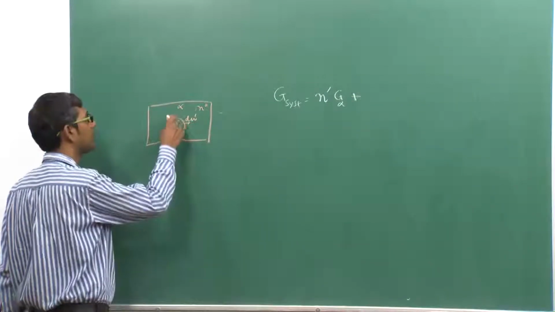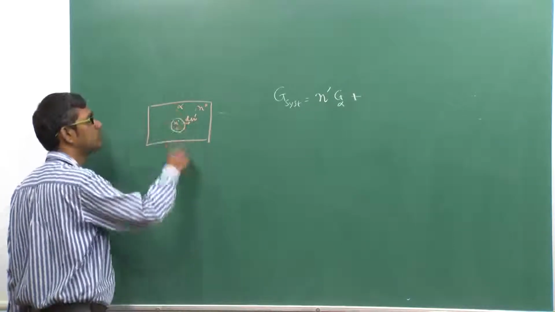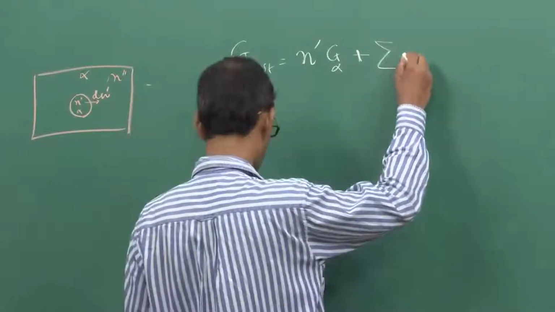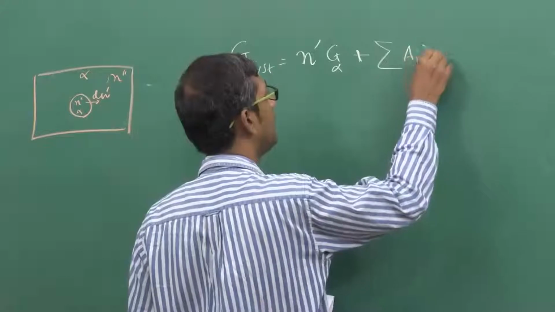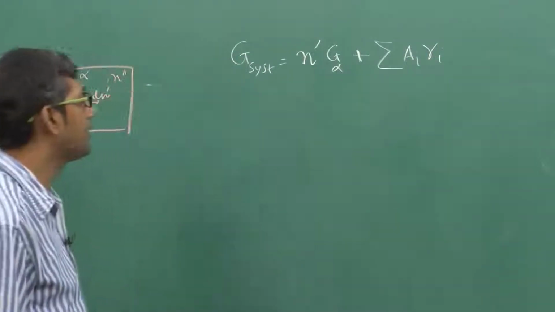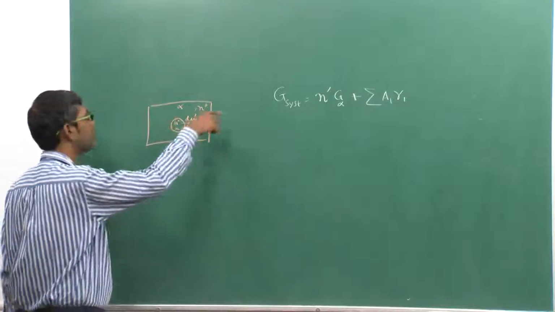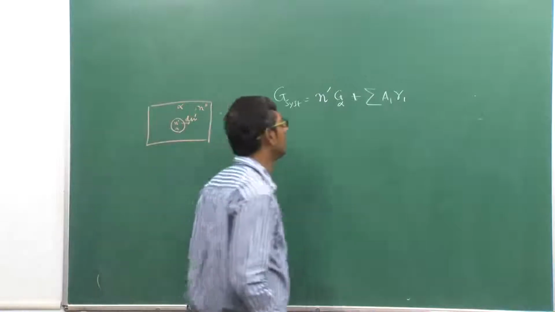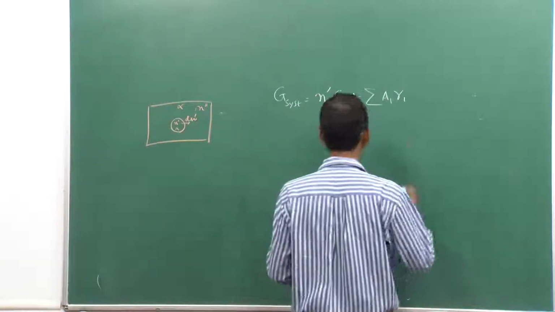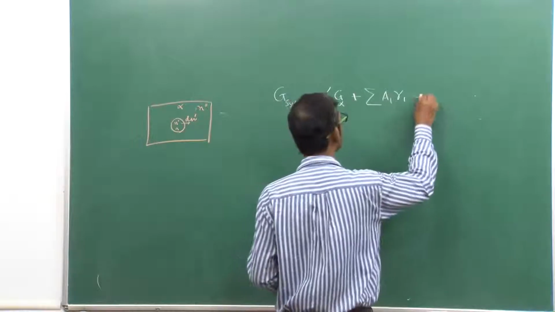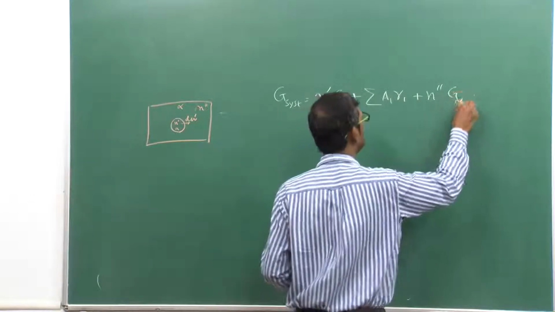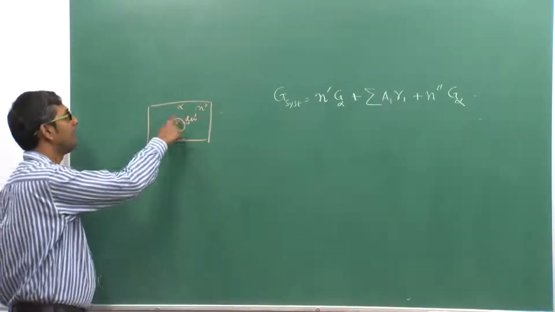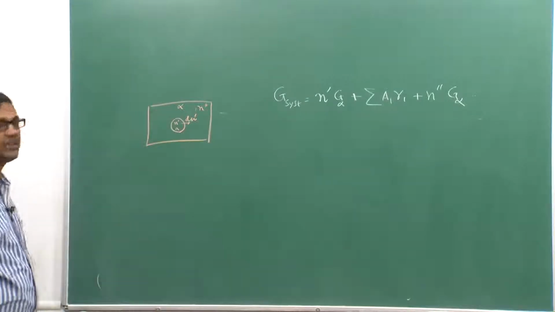Because of the interface between two alpha grains, I am writing it in general as the summation of gamma i A i, where i can vary from 1 to anything, because you can have a large number of such grains inside the big alpha grain. That is how grain growth happens. So this is the total surface energy contribution, plus n double prime multiplied by G alpha, where n double prime is the moles of the rest of the alpha, the big grain, and G alpha is the free energy. This is the G of the system.